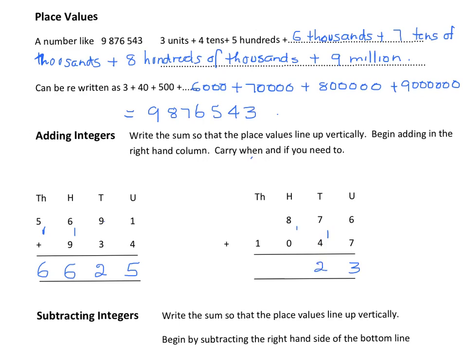The 1 is 100, so carry it over into the hundreds column. Then add the digits in the hundreds column. 8 plus 1, which is 9. We've got nothing to carry into the thousands column now, because that's just a single digit when we add the digits in the hundreds column. So we just need to put that one in the thousands column.